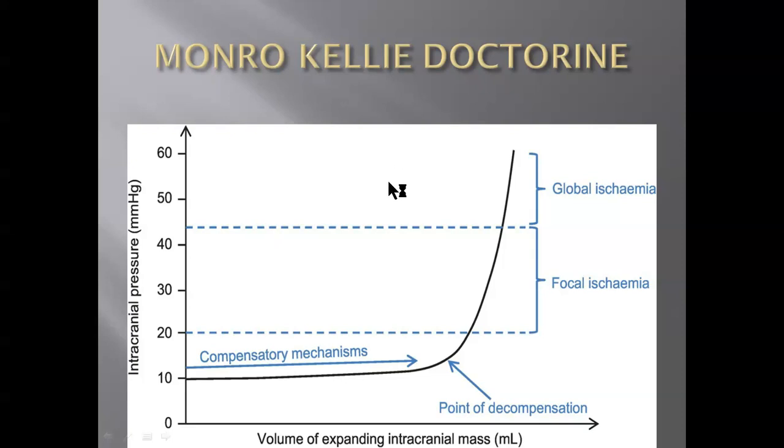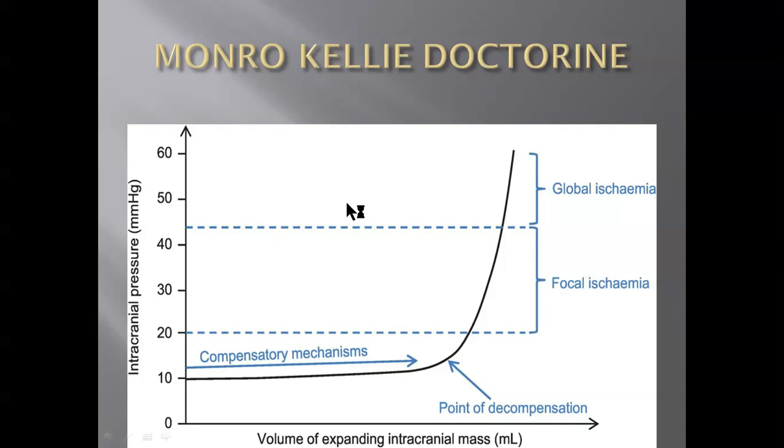It is enclosed in bone, which is a hard structure that cannot expand. So only three structures are left which can change in volume: your blood, brain, and CSF. Because bone will remain where it is; it won't expand. That's the main idea of the Monro-Kellie doctrine.